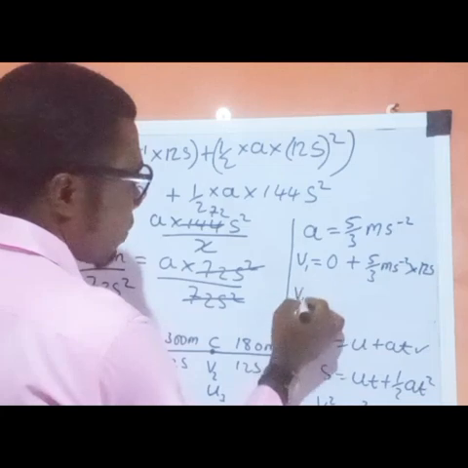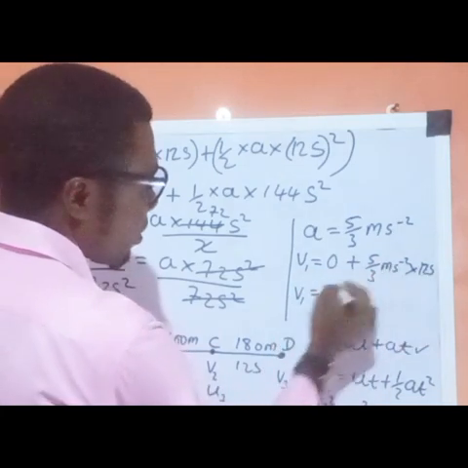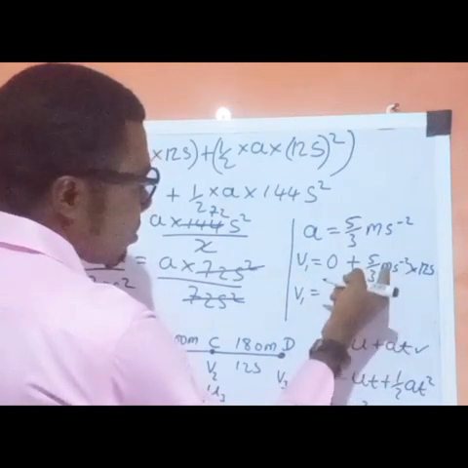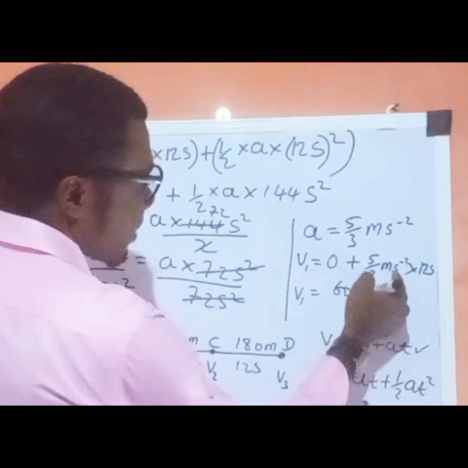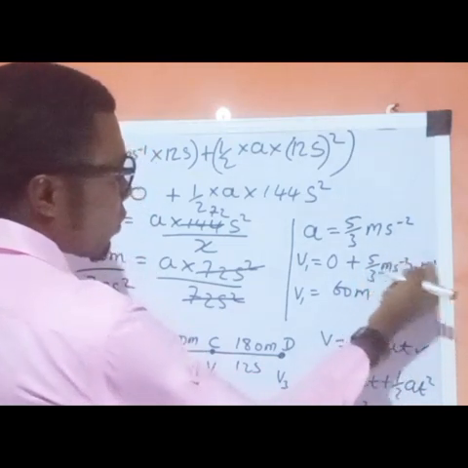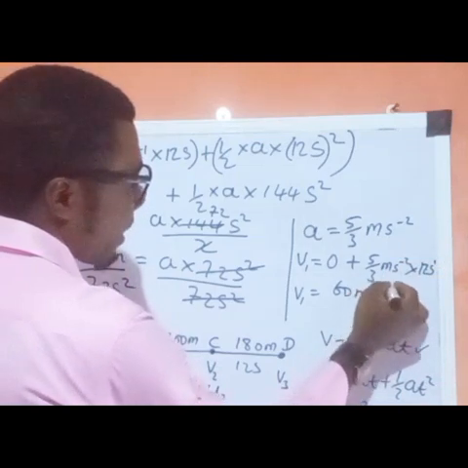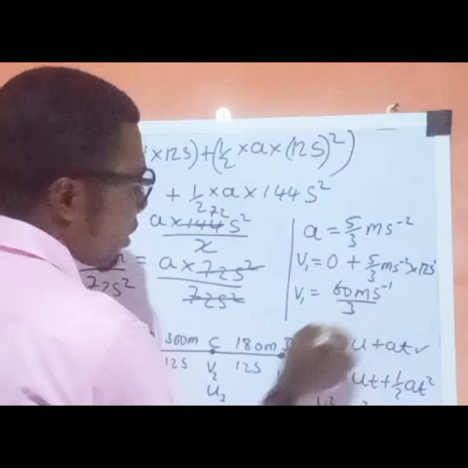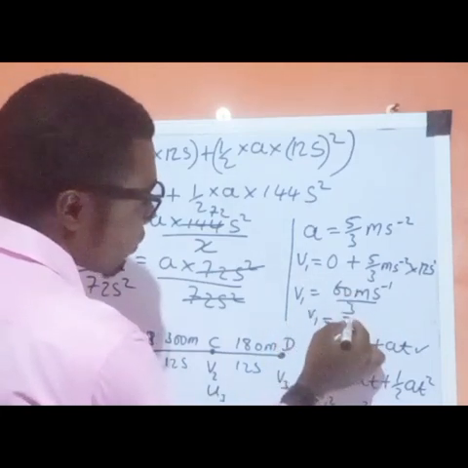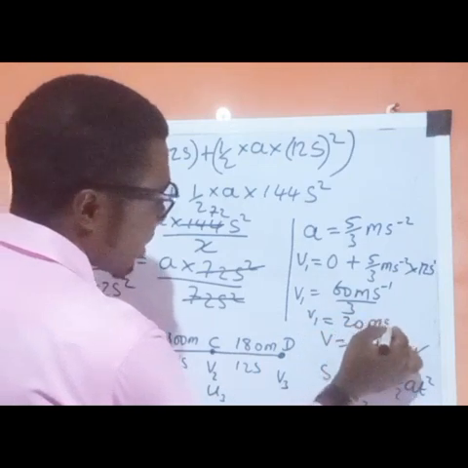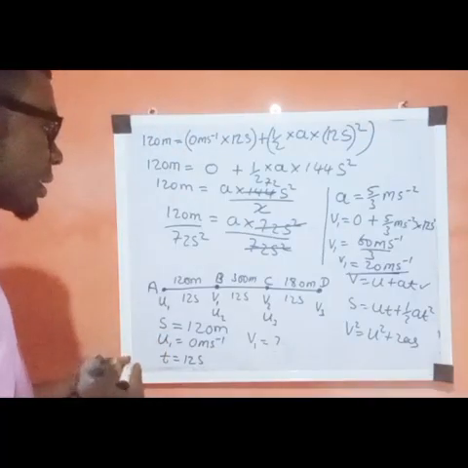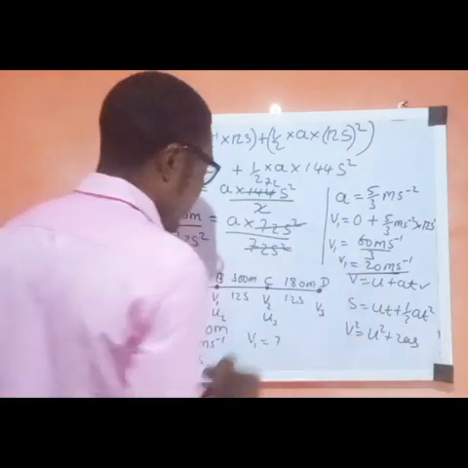Okay, V1 is equal to 5 times 12 will give us 60. Remember, 0 is gone. Then meters per second squared times second, by the law of indices, this is raised to power minus 2 plus 1 will give us minus 1, all over 3. So our V1 is equal to 60 over 3, which gives us 20 meters per second. This is the final velocity for the first stage.